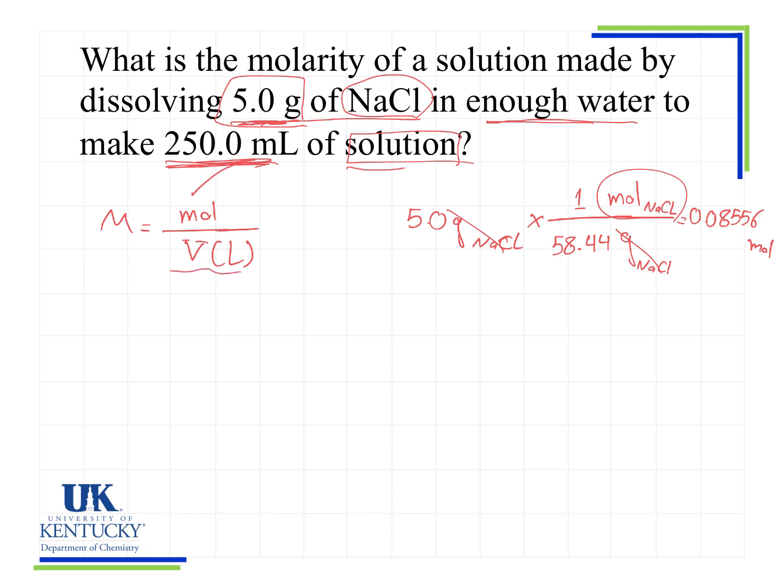You need the volume in liter. Do you have the volume of the solution in liter? No, it's in milliliter, okay? So the volume is 250 milliliter, but I want it in liter, so I write milliliter on the bottom and liter on top to get rid of milliliter with milliliter.